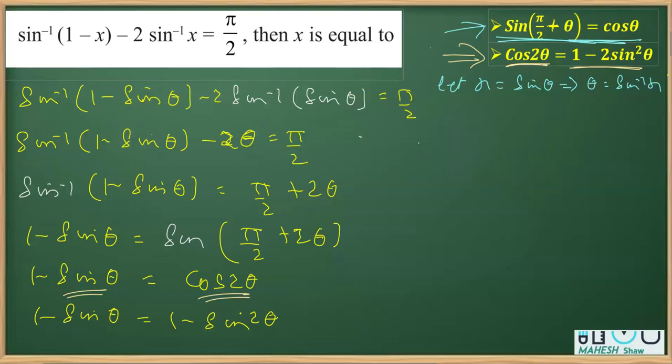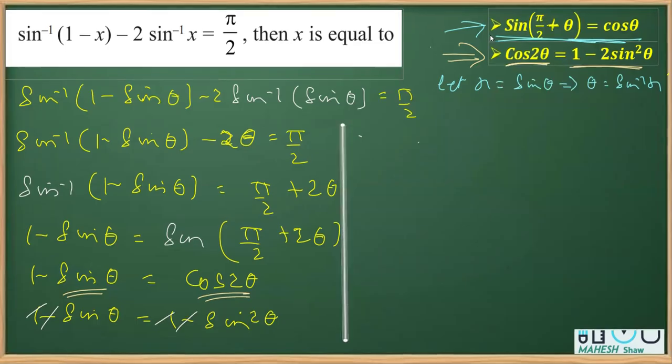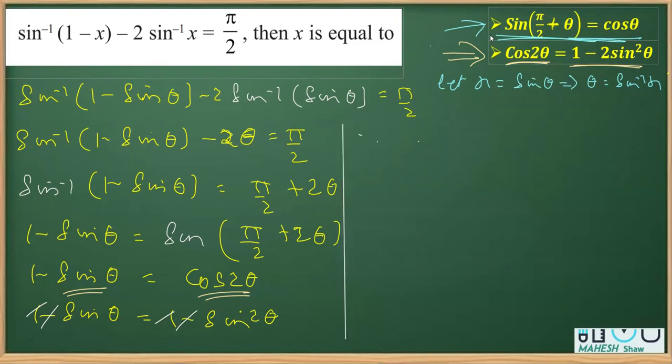Now further, as you can see, 1 and 1 will get cancelled. In the next step, you can cancel minus and minus. On further simplification, I can rearrange them and write this as 2 sine square theta minus sine theta is equal to 0.